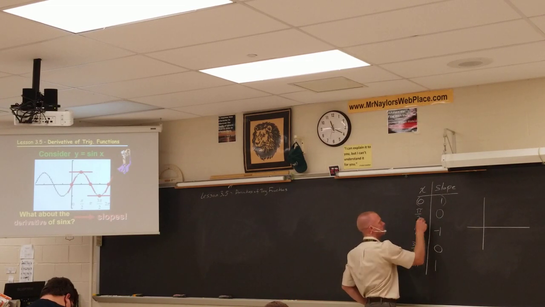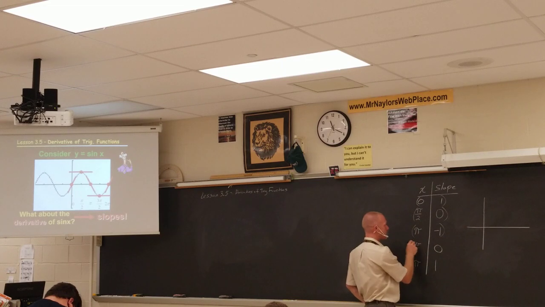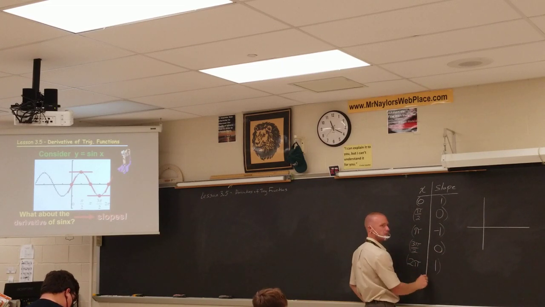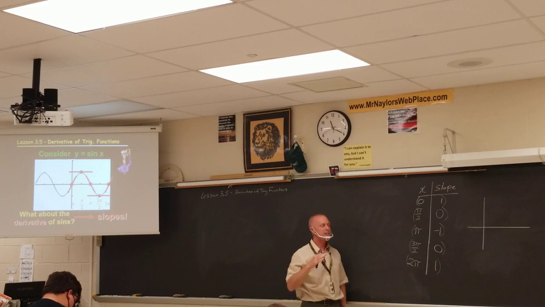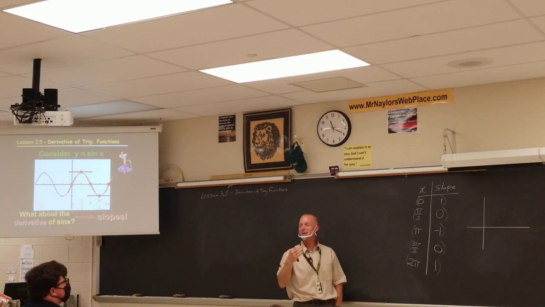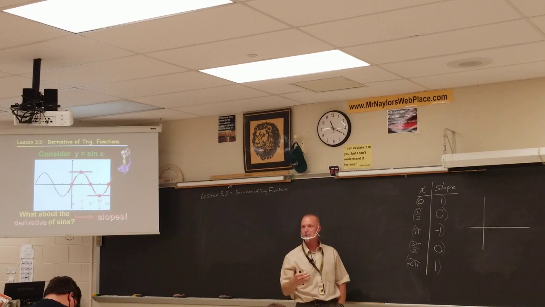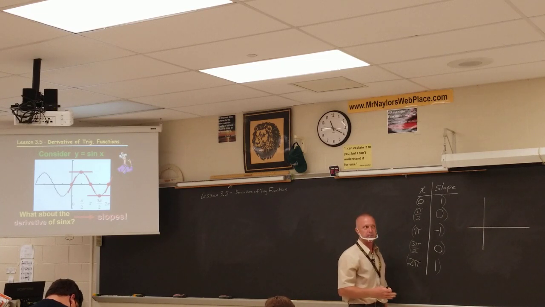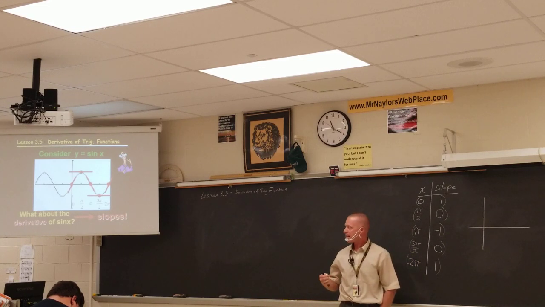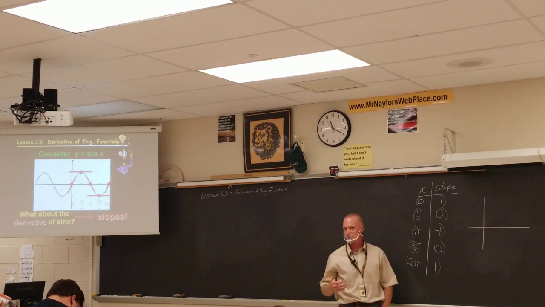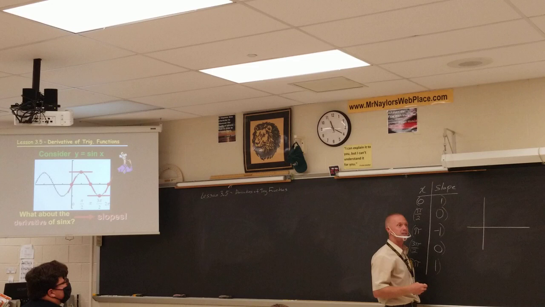These points represent the slope of sine. So again, just to say it again, we're going to graph the derivative. Now, just in case you kind of lost me, that was what we were trying to figure out about 5 minutes ago. What's the derivative of sine? We're about ready to graph it.